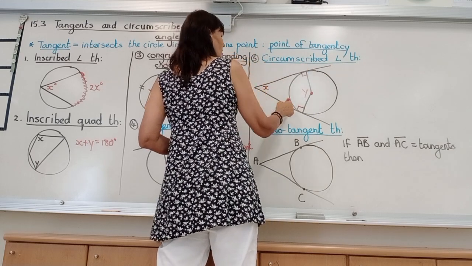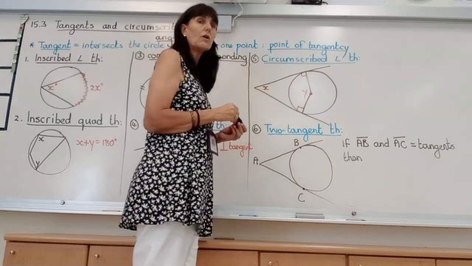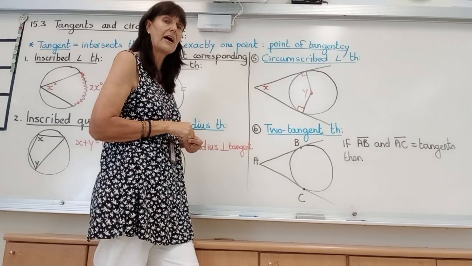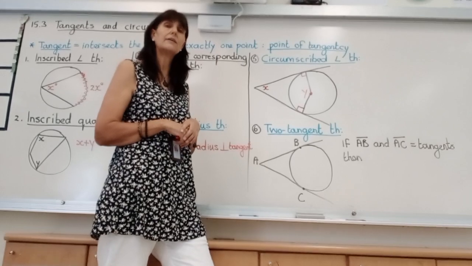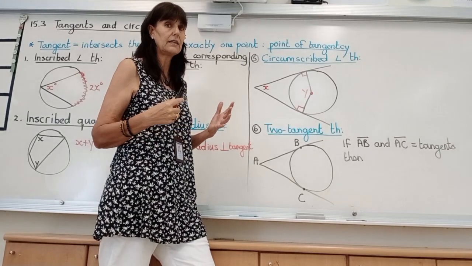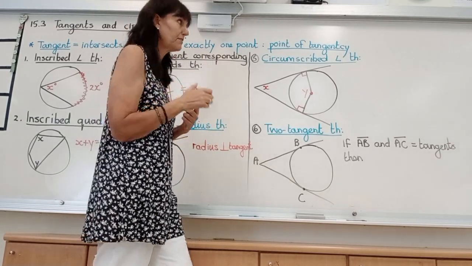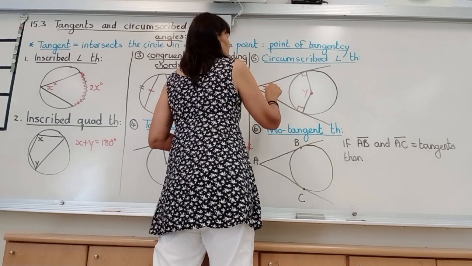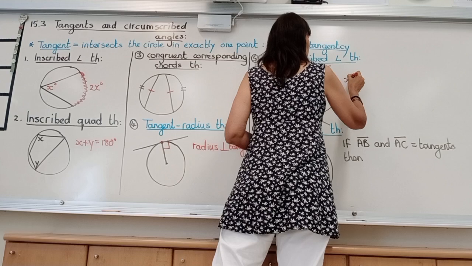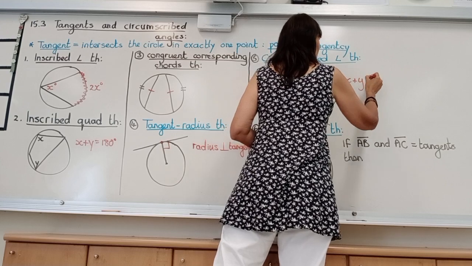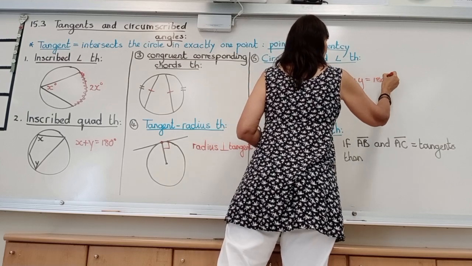What do we know about the four angles of a quadrilateral? If I add all four of these angles, I will get 360 degrees. We've done that, hopefully, in the previous work. So these two angles will also be supplementary, equals 180 degrees.